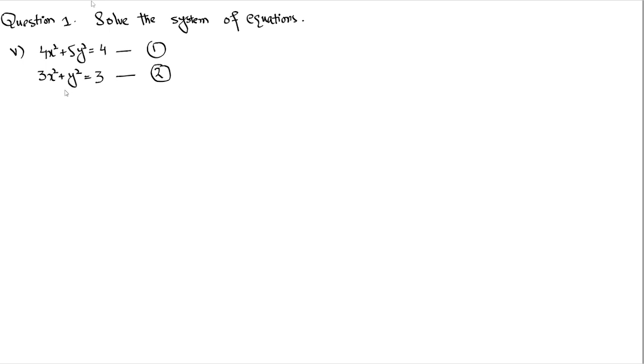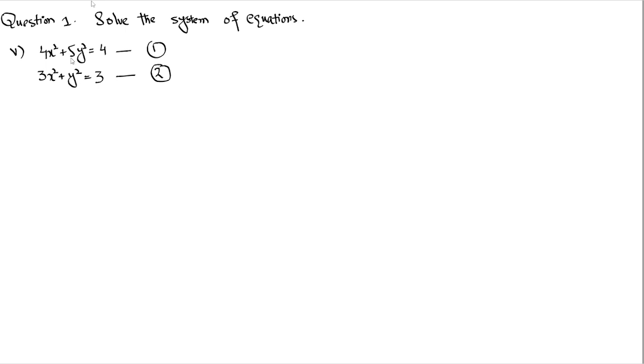To perform elimination, we will perform addition or subtraction of the two equations, for which we will have to have one of the variables with the same coefficient. In the first equation, the coefficient of x square is 4, and in the second equation, the coefficient of x square is 3.